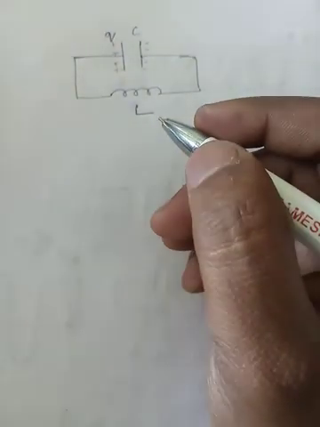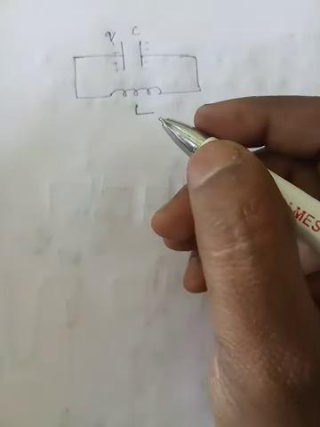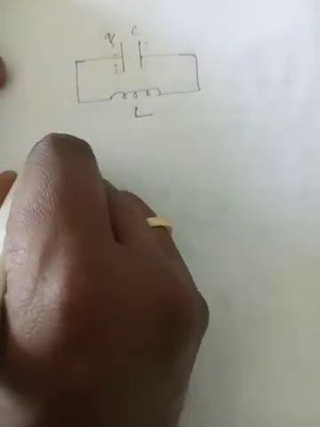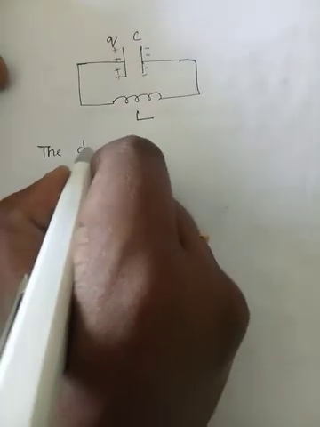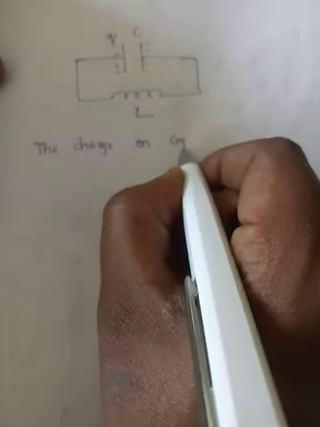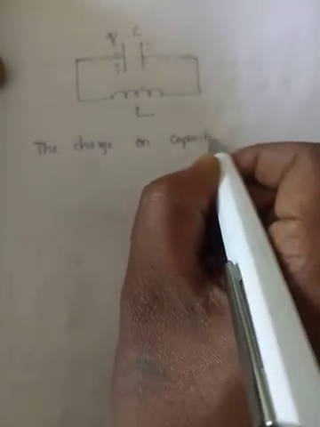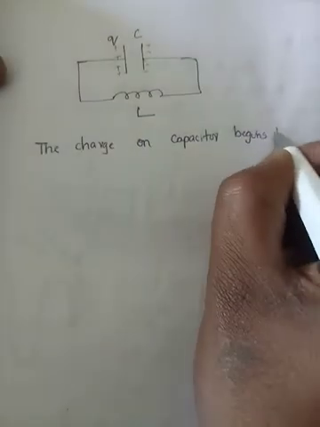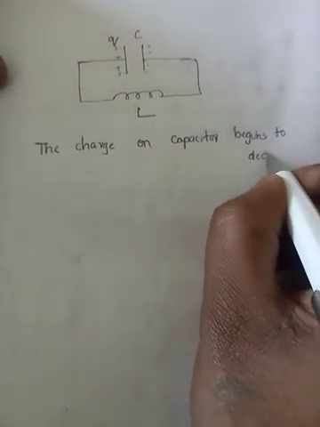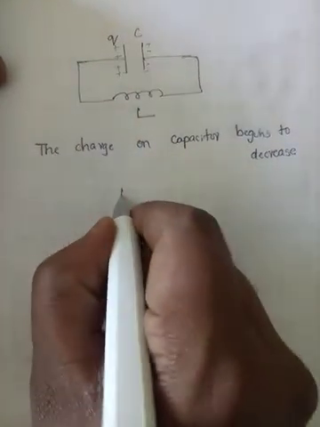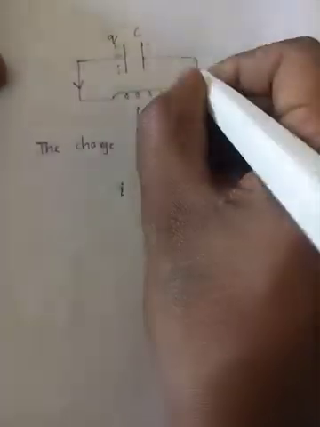Now what happens here? The charge on the capacitor begins to decrease. As usual, current starts to flow in the circuit.